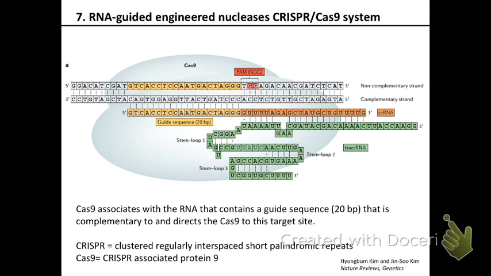Now we're going to talk about CRISPR-Cas9. So in the CRISPR-Cas9, the recognition of the DNA is different. Now, we are not using transcription factor-like domains to bind and recognize sequences. What we're using is an RNA that's complementary to DNA to target a nuclease, okay?